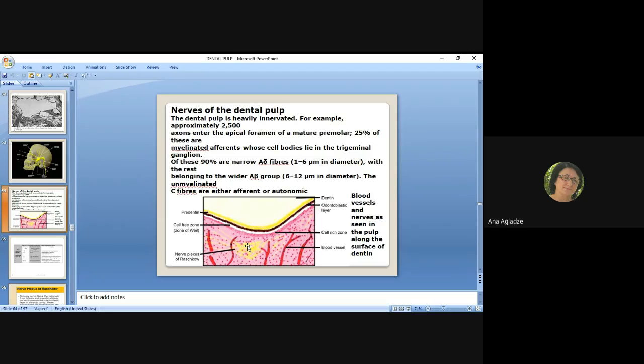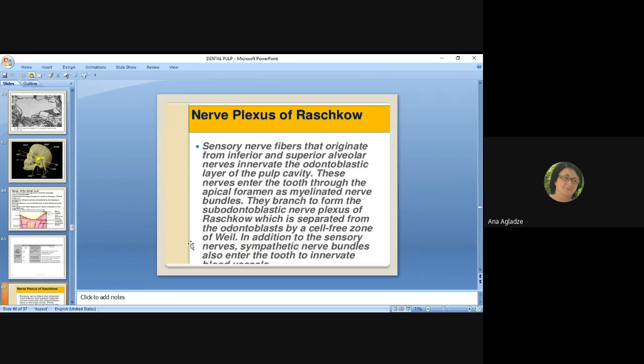The finished Raschkow plexus consists of bundles of unmyelinated axons, each of which is surrounded by Schwann cells and its basal lamina. Small bundles of two axons and individual axons without Schwann cells are also found in the cell-free zone.